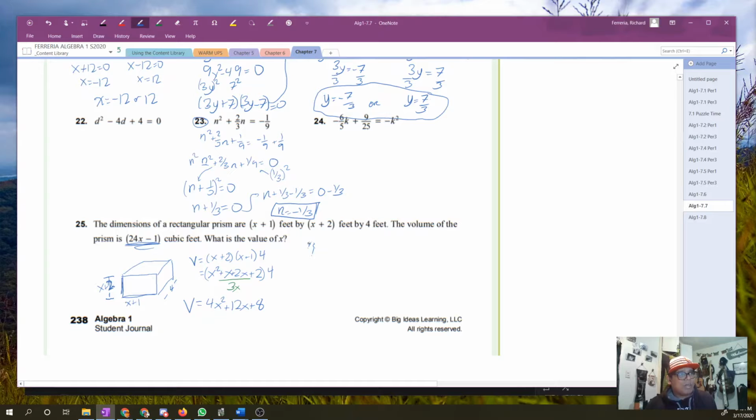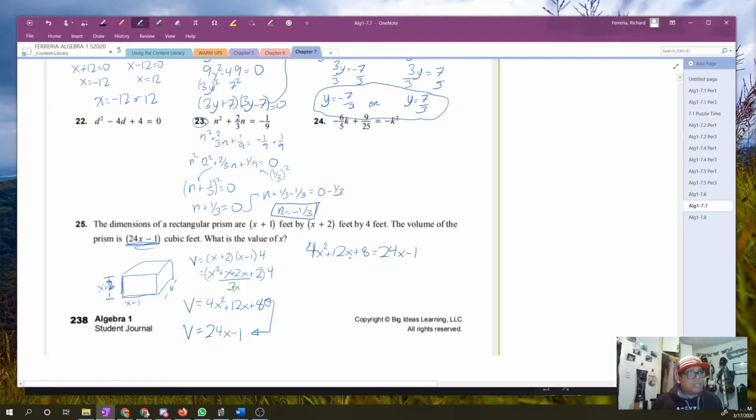That's 4x squared plus 12x plus 8. That's equal to the other part of the volume, which is 24x minus 1. And I'm going to write this over here. Volume is also equal to 24x minus 1. So if those two things are both equal to volume, then they've got to be equal to each other.